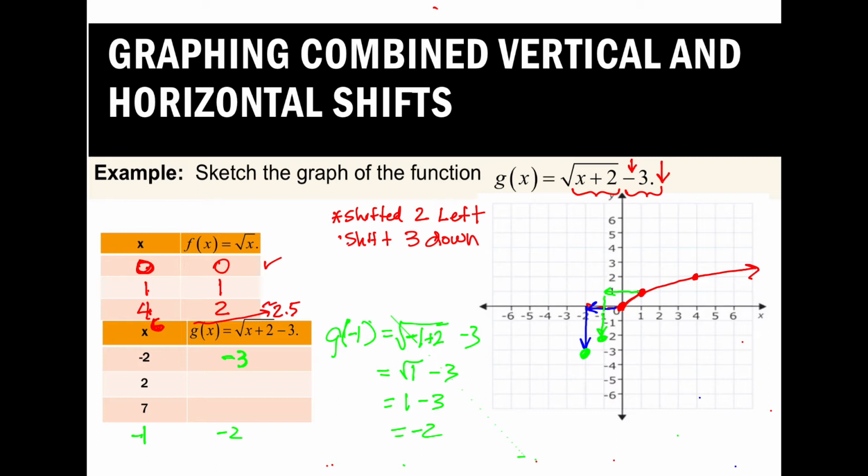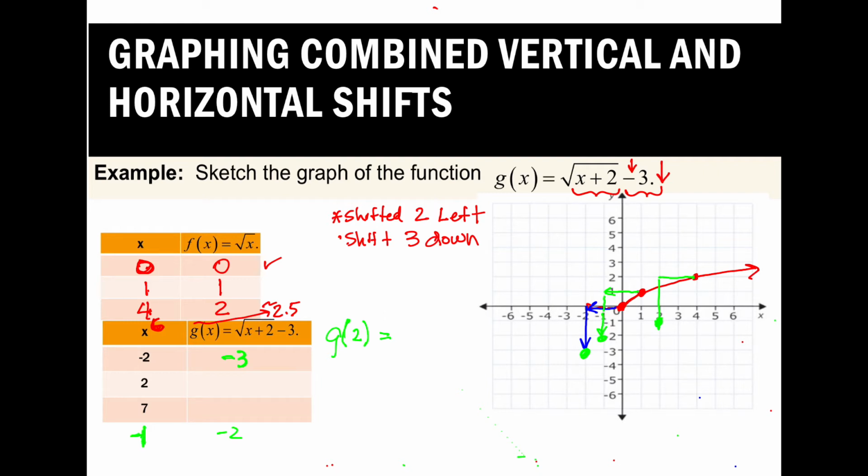The next point was at 4. If we took 4 back 2, and then down 3, I suspect it would put me here at 2, -1. Plugging these in, we can get an idea if that works, if g of 2. By establishing our starting point here, the -2, that can guide me on what values I want to plug in.